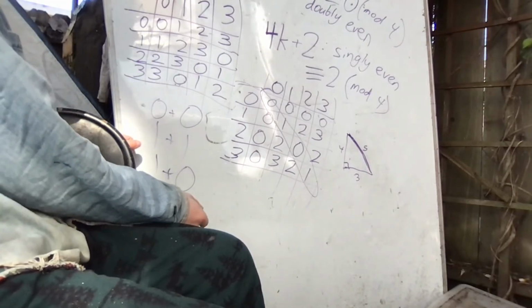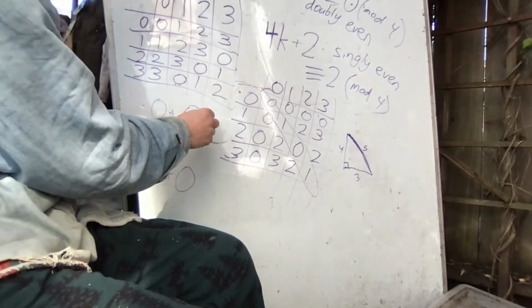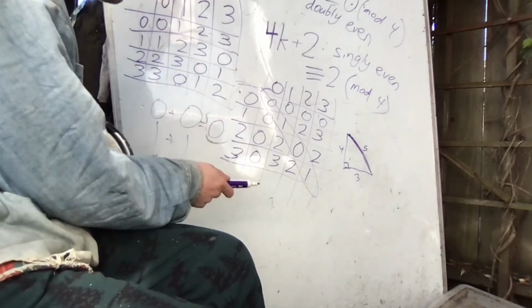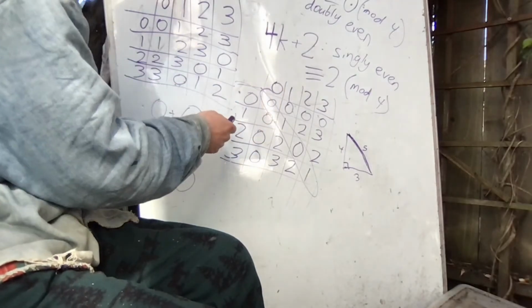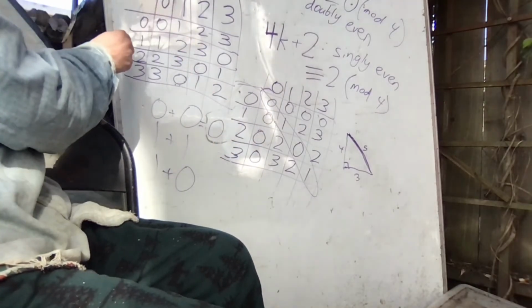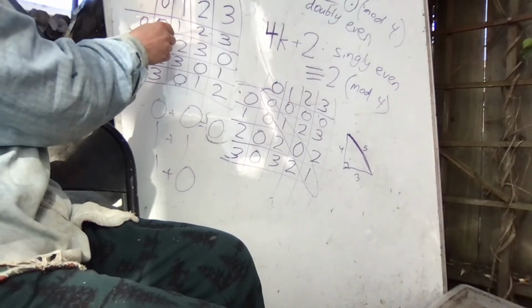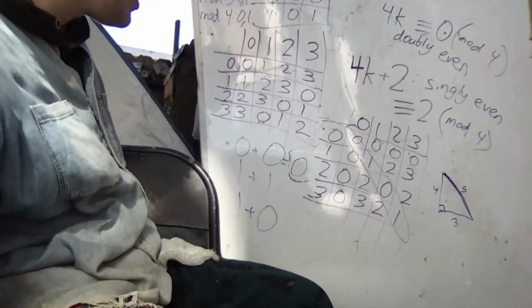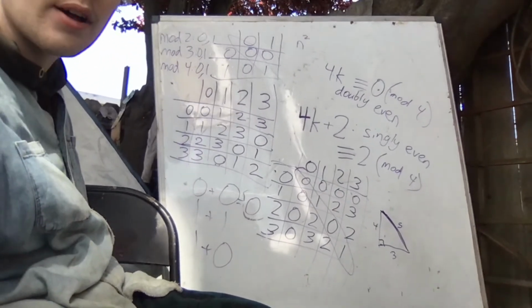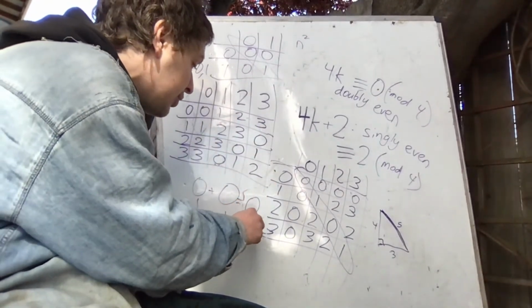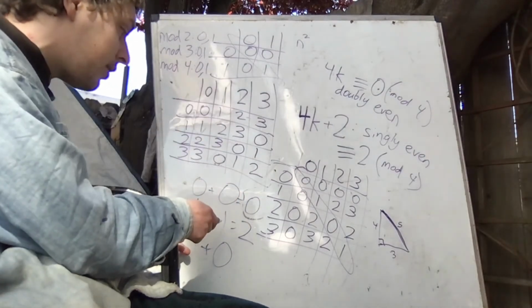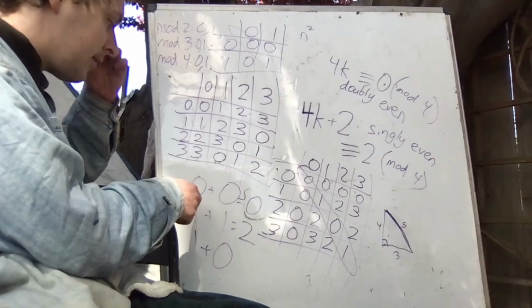So if I add up two square numbers that were doubly even, I get another doubly even. If I add up two square numbers that were singly even, that's the addition table here: 1 plus 1 gets me 2 on the addition table. So if I add up 1 plus 1, that's congruent to 2 now. Meaning if I add up one of each, I get a congruent to 1.